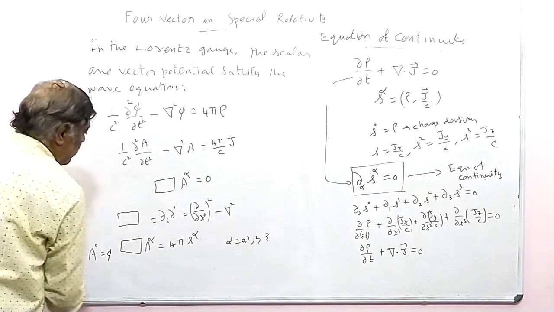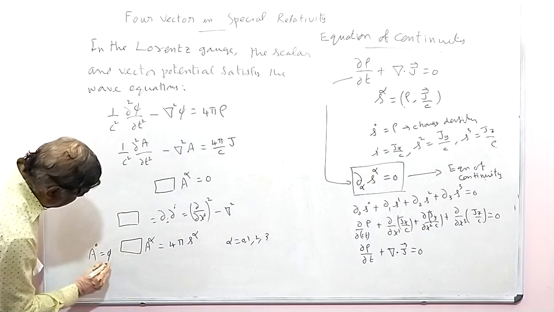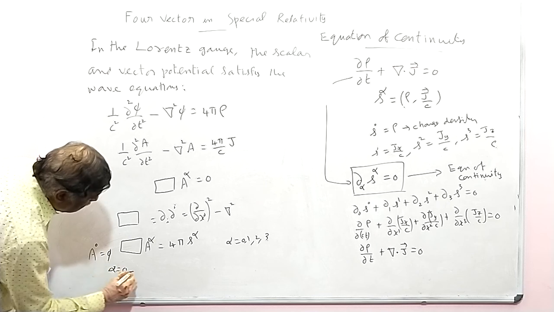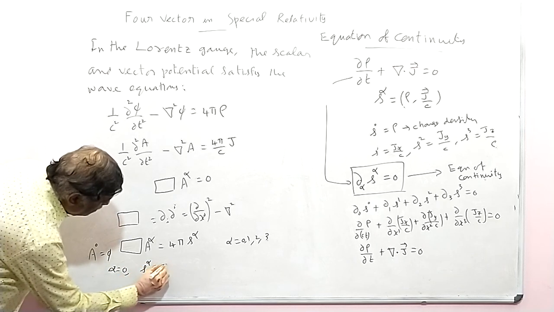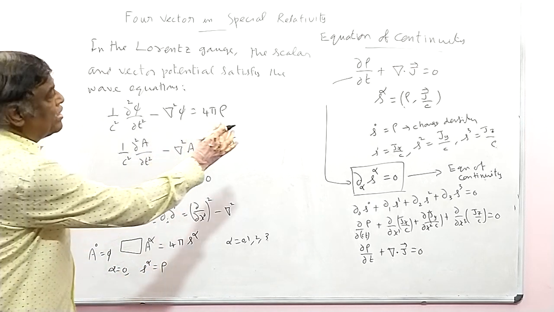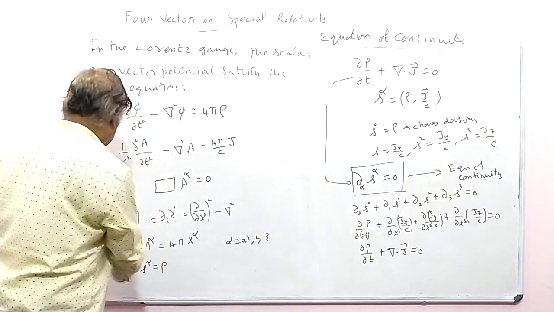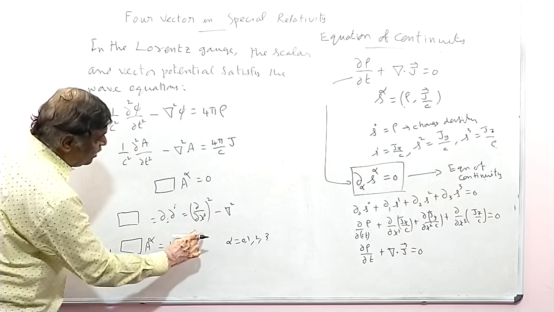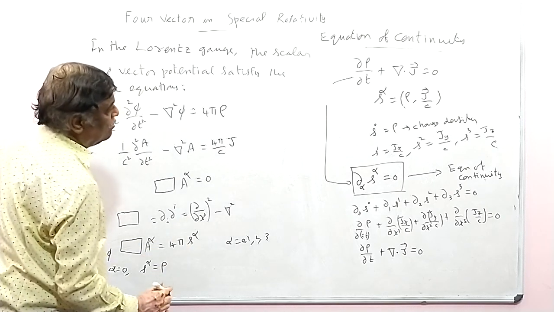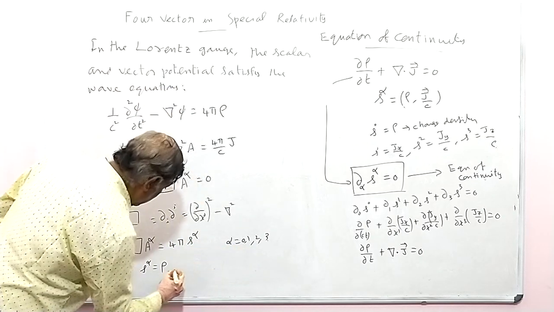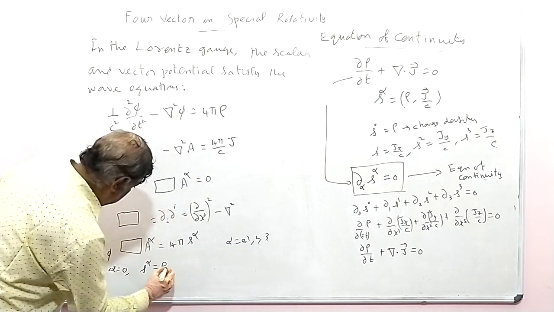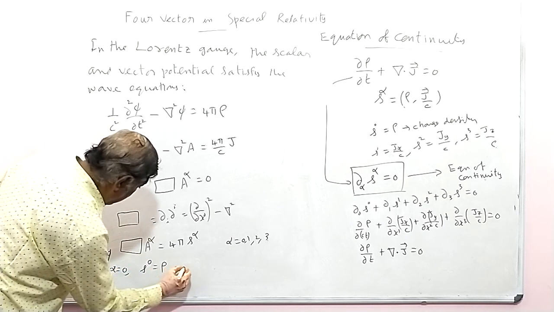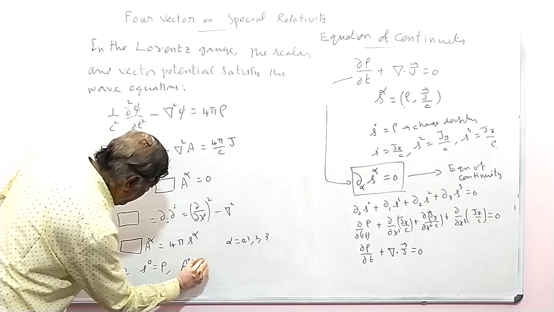If you put alpha equal to 0, then S alpha is equal to the charge density that we have already discussed. Then A0 is equal to phi. So S0 is equal to rho and A0 is equal to phi.